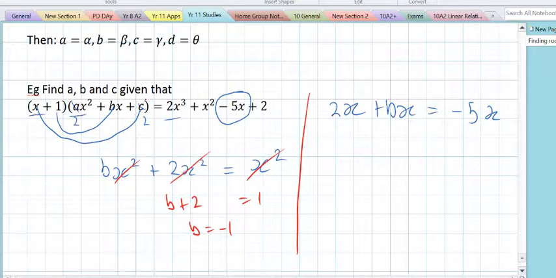This should work for all values of A, B, and C. Well, we've just found A and C. I'm just checking B, because we should be able to find B using the x squared terms, and we should be able to find B using just the simple x term. And they should be the same.